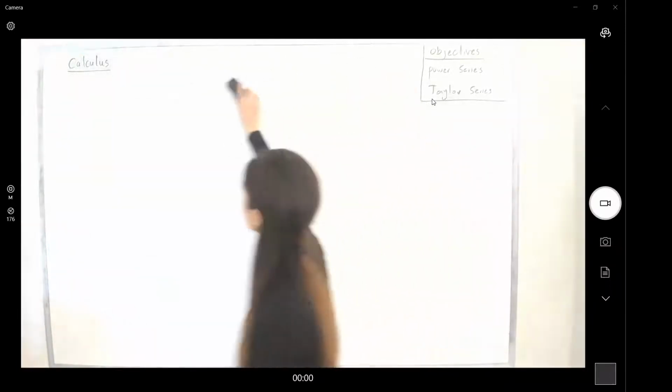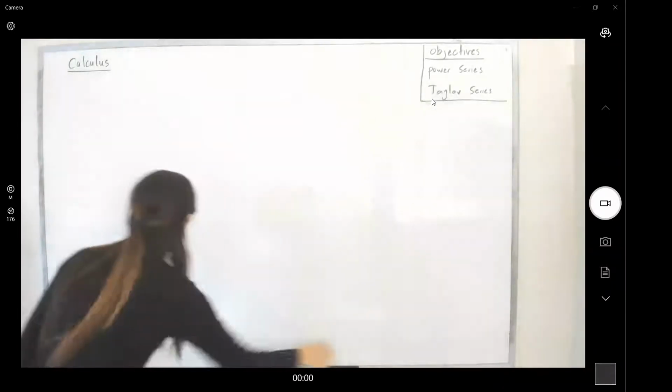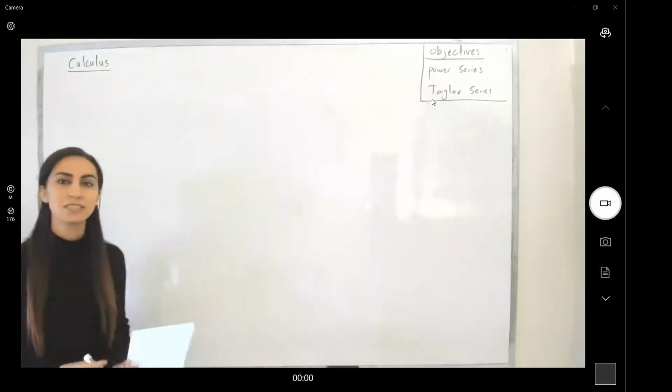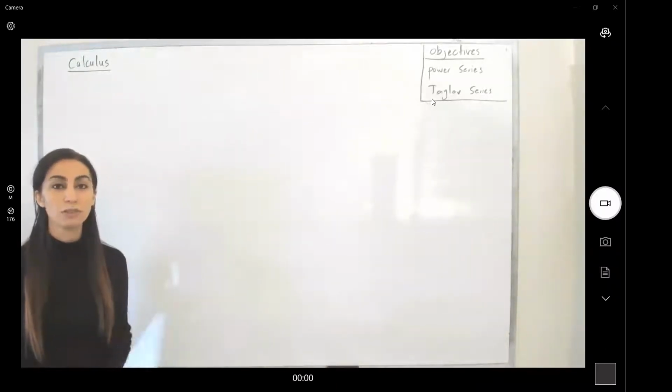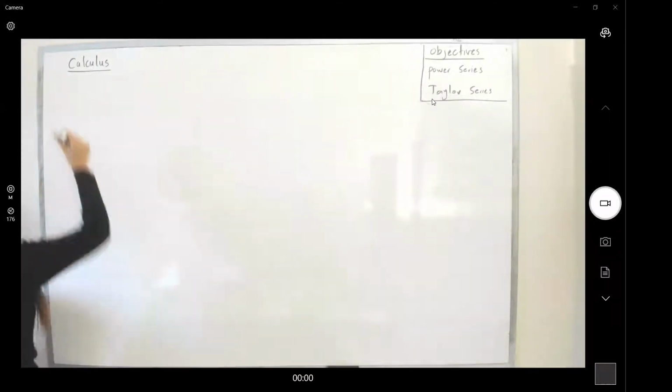For our exponential function, we're going to write down the Taylor series at a equal to 0. We actually have a name for it. We call it Maclaurin series.